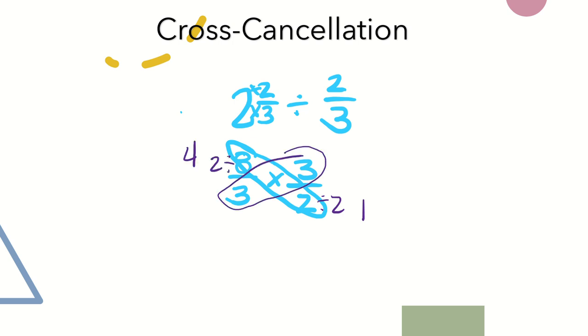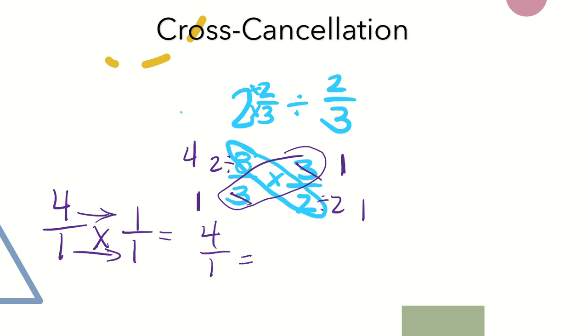What's the number that 3 and 3 have in common? 3. I'm going to divide it by 3. That gives me 1. Divided by 3, that gives me 1. And so let me rewrite my new fractions so that will help you. So now I have 4 over 1 times 1 over 1. 4 over 1, which is the same thing as 4. Good job. Let me know if you like this method.